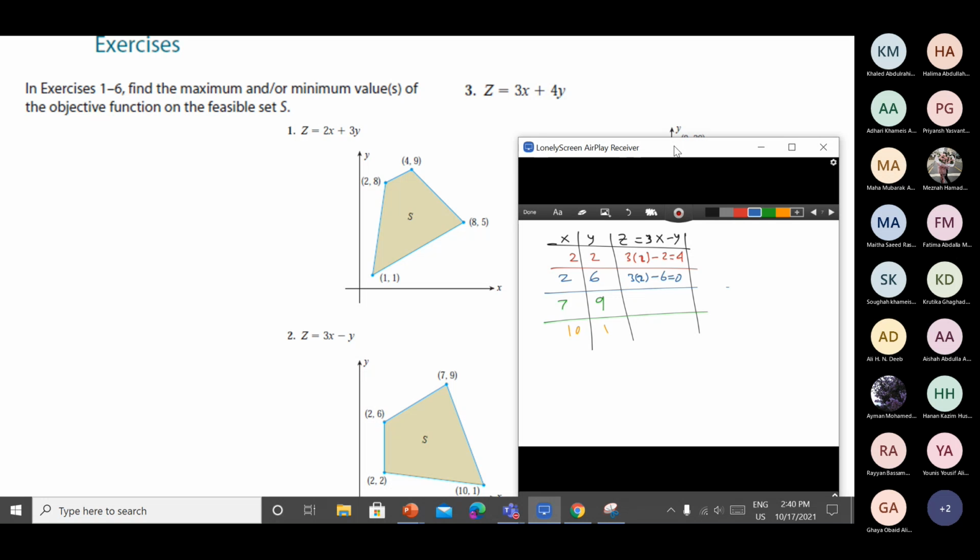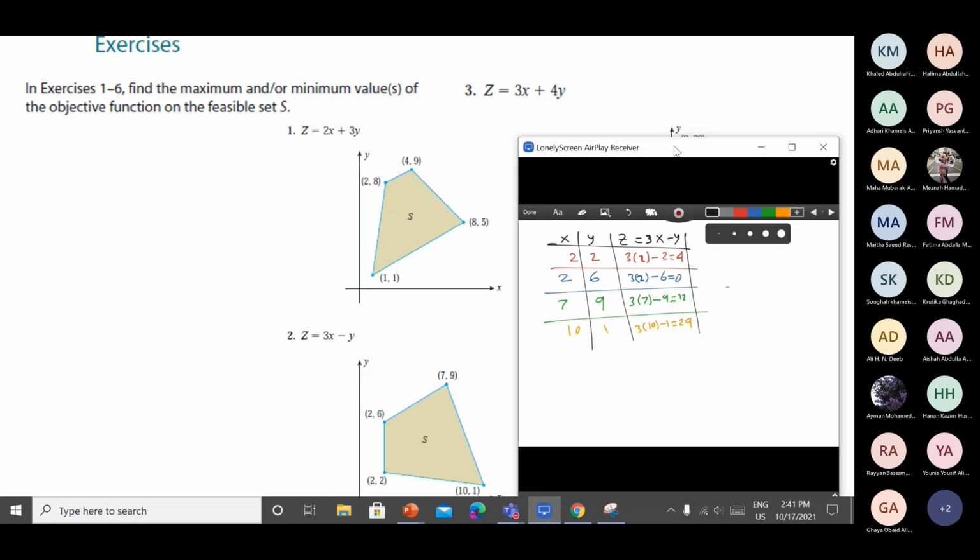Next, 3 times 7, minus 9, equals 21 minus 9, 12. Now the last one: 3x, x is 10, minus y, which is 1. So 3 times 10 is 30, minus 1, 29.